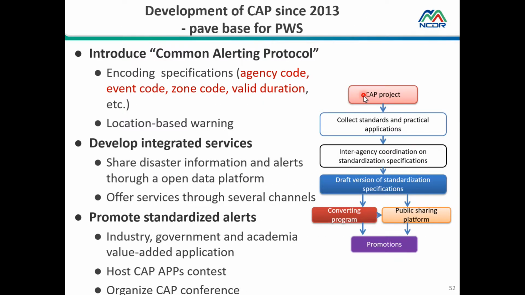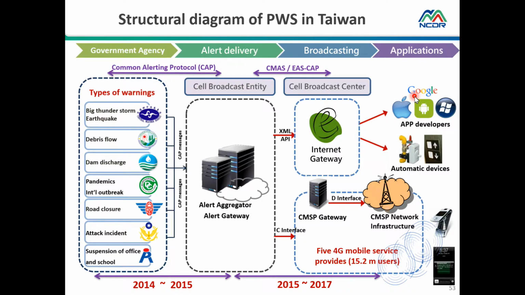As I mentioned in the previous slide, Taiwan has the ability to introduce the CBS in a very short period of time because since 2013 we introduced CAP to standardize all the alerts. Based on the CAP, we could easily transfer the alert into a CBS service.